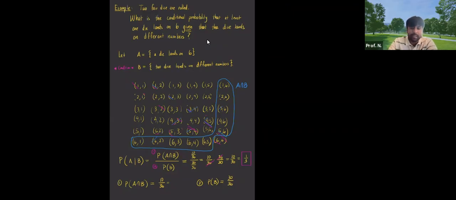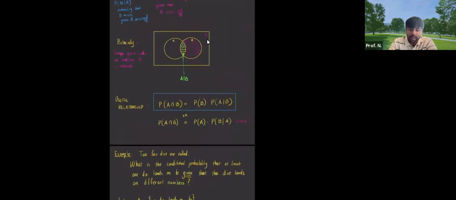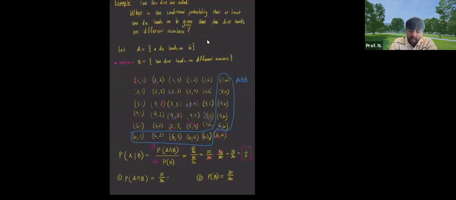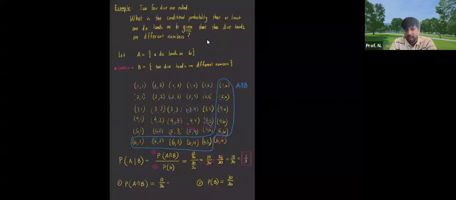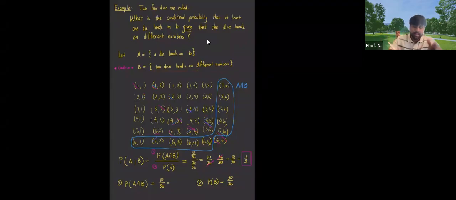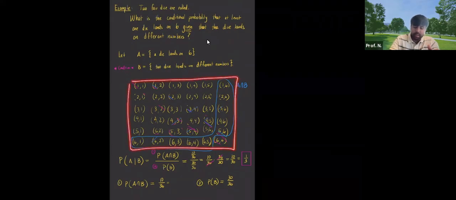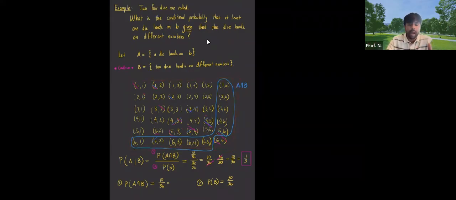The more direct way is to do exactly what I mentioned about reducing your sample space. So the moment you're able to identify your conditional event, the event that you're conditioning upon, that's the lingo people say. I'm conditioning upon the fact that the 2 dice land on different numbers. So now my sample space, instead of being the entire 36 outcomes, I reduce it to only those that land on different numbers.